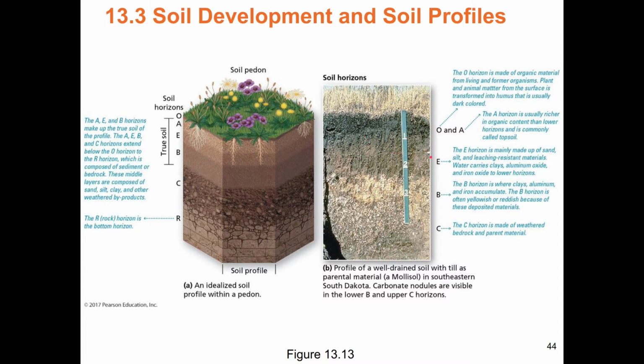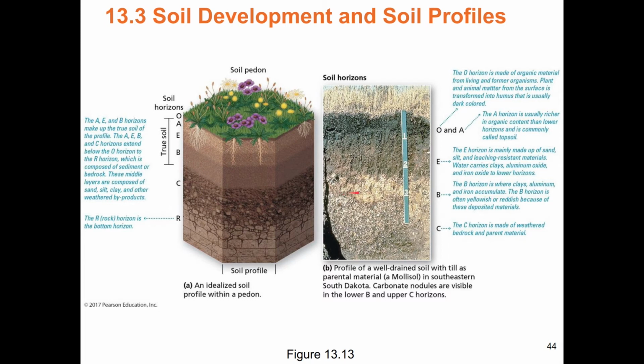We've got the E. The E is illuviated, where material has washed out. It's made of sand and silt and leaching resistant materials, so water percolates through and strips away some of the minerals in the E layer. They accumulate in the B layer, clays, aluminum, iron.